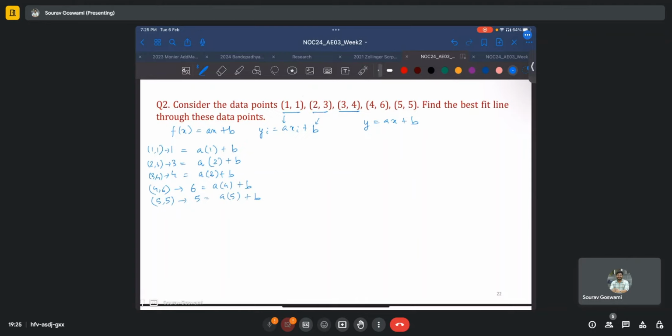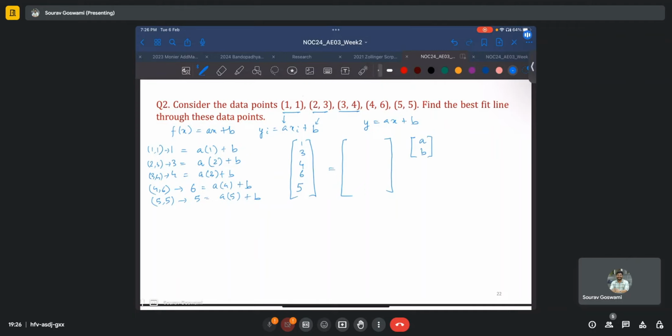Now we are dealing with matrices. Of course, we would like to write this in matrix form. The LHS is pretty simple: 1, 3, 4, 6 and 5. What about the RHS? So as we said, we are trying to find these parameters a and b. So the unknowns in this case are simply a and b.